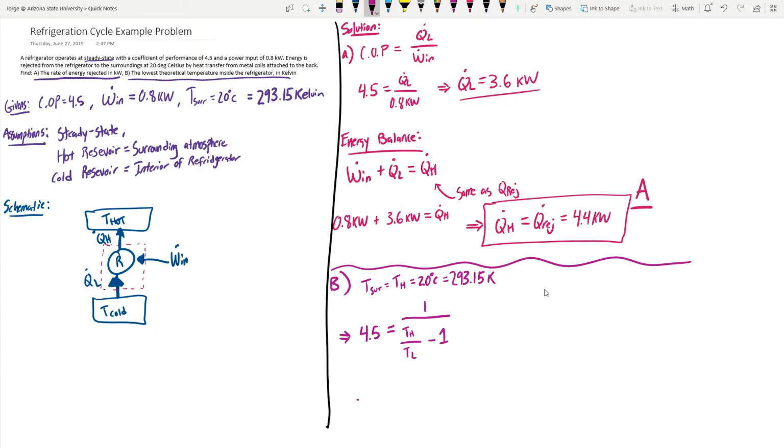Now if we just plug in our values, 4.5, and solve for TL, we get approximately 239.85, and that's in Kelvin.